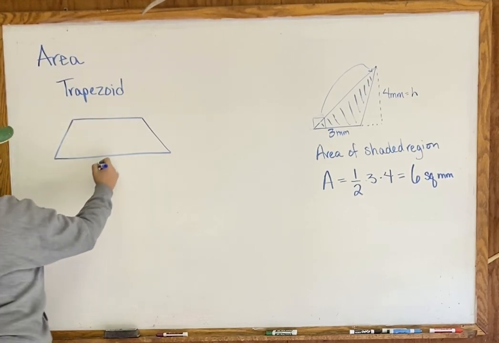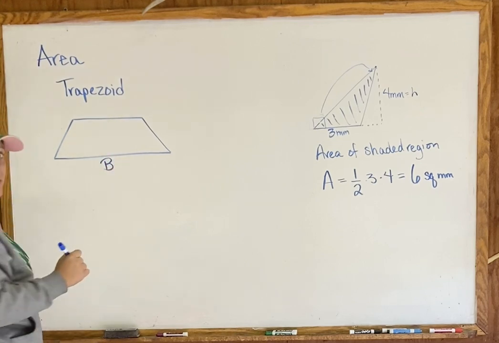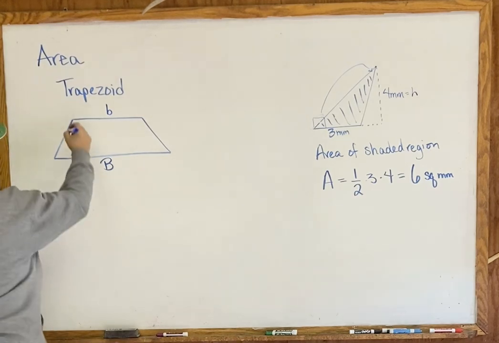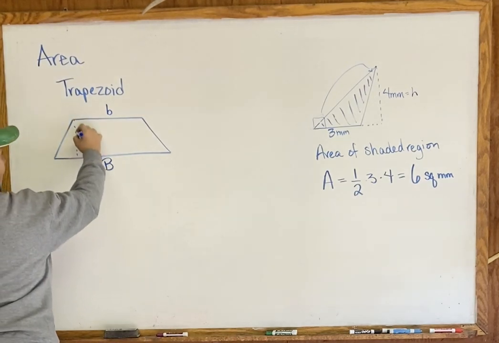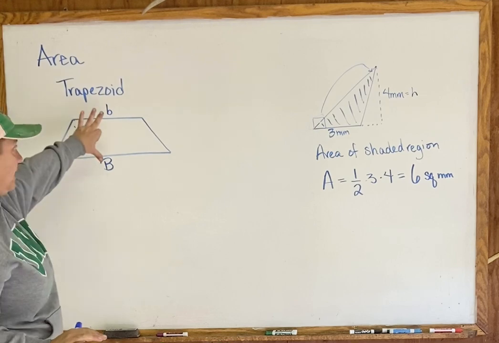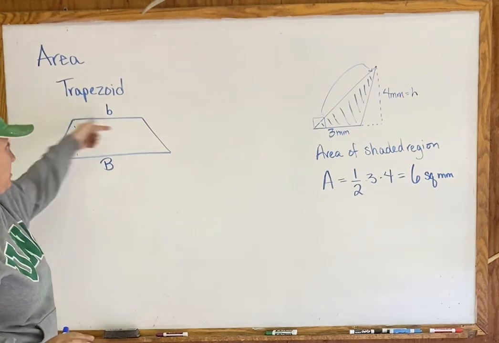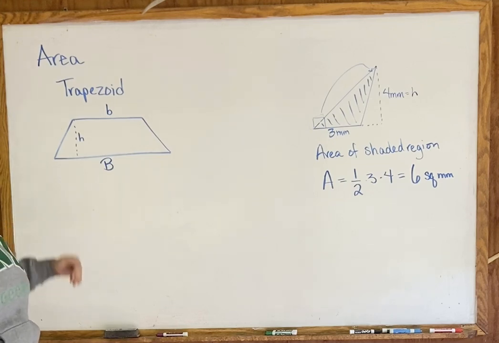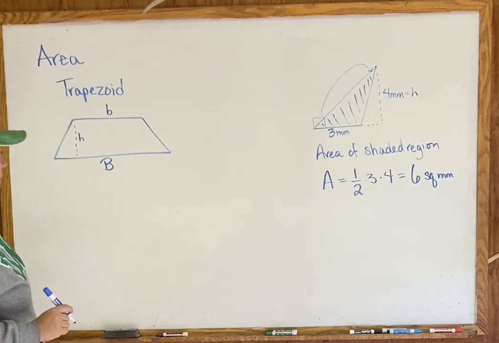We call this one big B for the big base, and we call this one little b for the little base. And then we're going to have also a height in here. Now, there doesn't need to be any symmetry, so we cannot make any assumptions about this. These 2 sides are going to be different, and these 2 sides could be different as well. One could be shallow, one could be steep. We don't know what's going on.